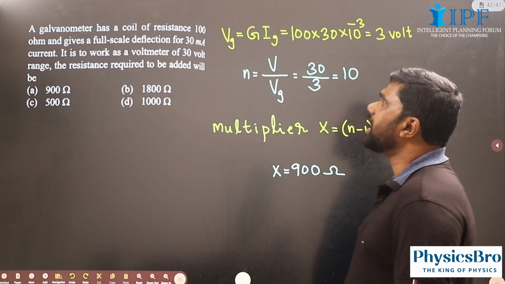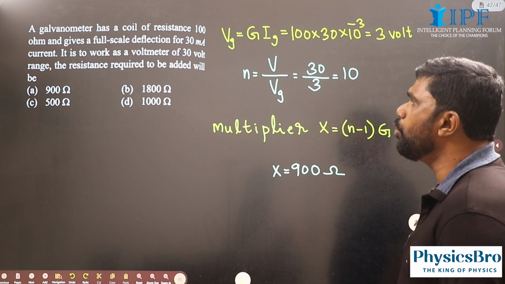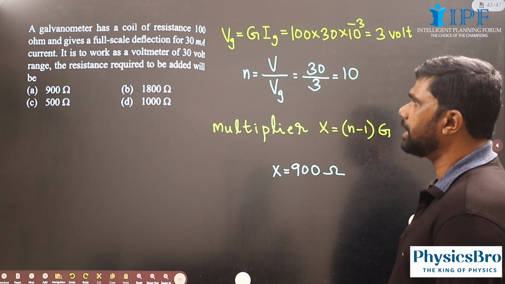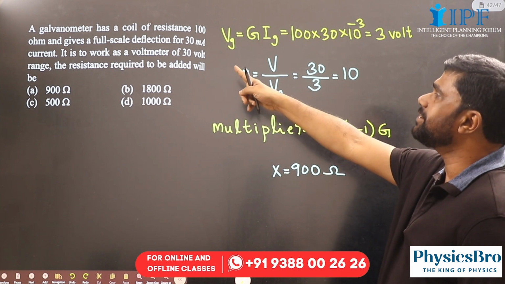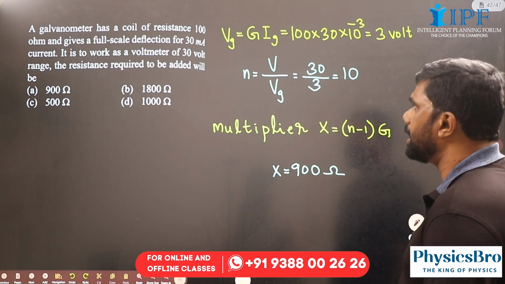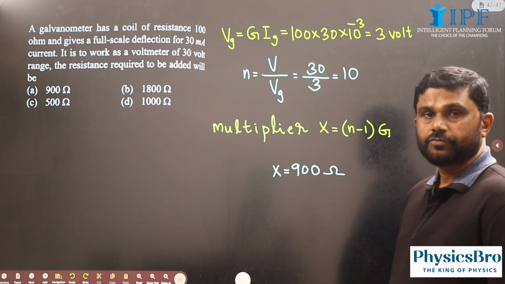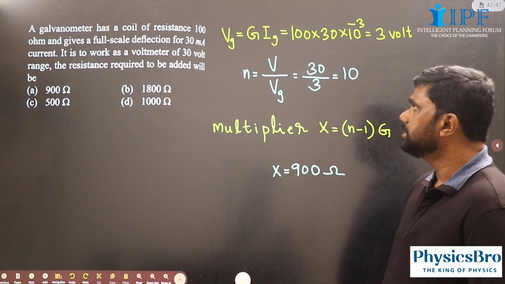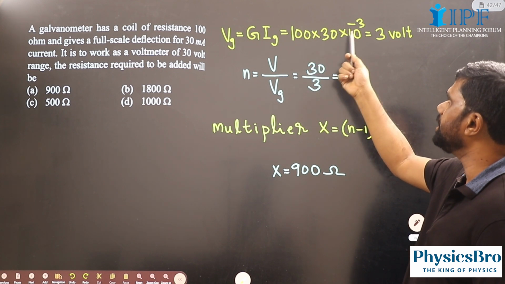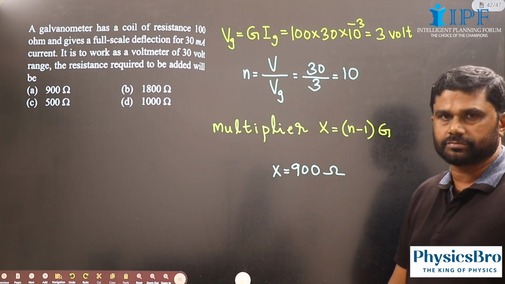A galvanometer has a coil of resistance 100 ohm and gives a full scale deflection for 30 milliampere current. It is to work as a voltmeter of 30 volt range. The resistance required to be added: Vg, the full scale deflection voltage, that is G into Ig, means 100 into 30 into 10 raised to minus 3, that is 3 volt.